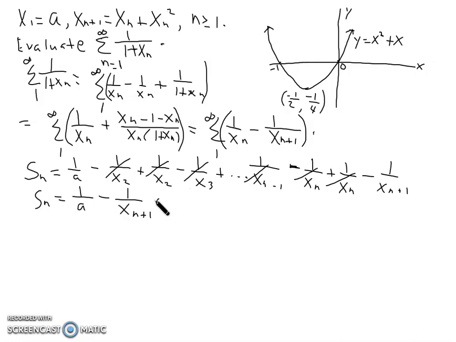And since the series converges, that means that the general term, 1 over 1 plus x sub n, as we take its limit as n goes to infinity, that's going to be 0 by the divergence test. But that implies that the limit as n goes to infinity of x sub n is equal to infinity.